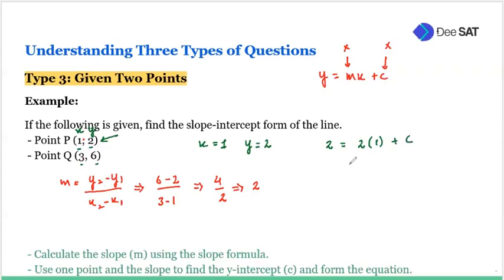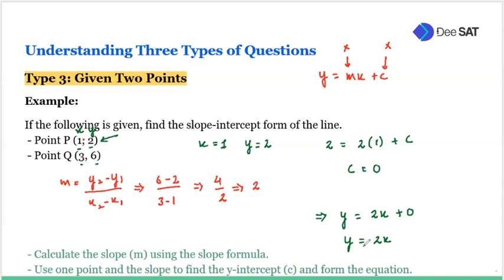You will see that c is equivalent to 0. So finally, my equation of the line is y is equivalent to 2x plus 0, or you can simply write y is equivalent to 2x.